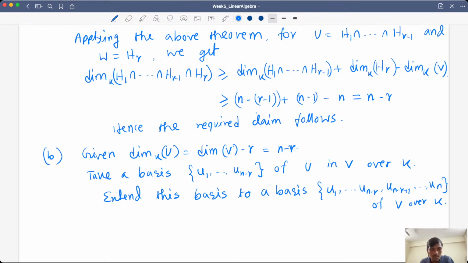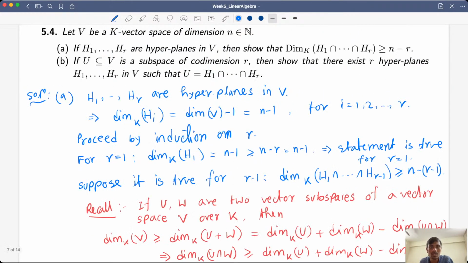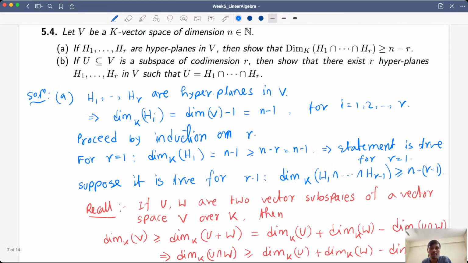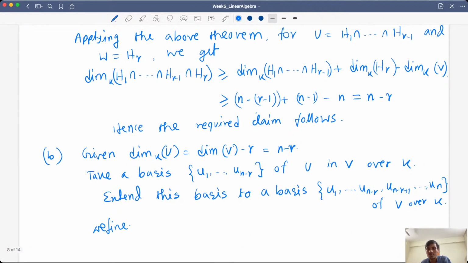So now we can consider defining this. I want H1 intersection H2 intersection up to Hr to be precisely my U, right? But that means in particular that each of these Hi contains U. So whatever Hi I define must contain U1 through U(n minus r), and their dimension is exactly n minus 1, so I should delete exactly one element from the remaining ones, U(n minus r plus 1) through Un.